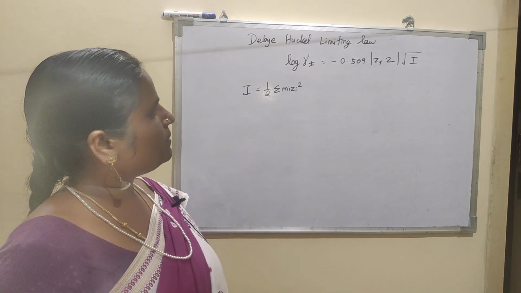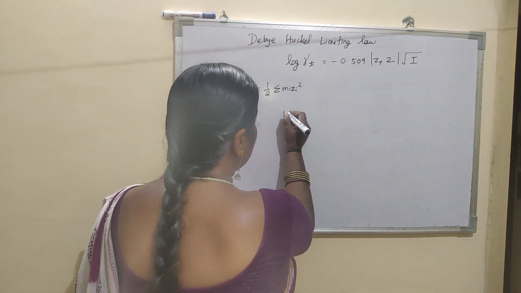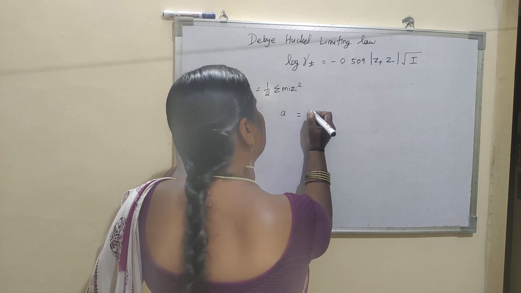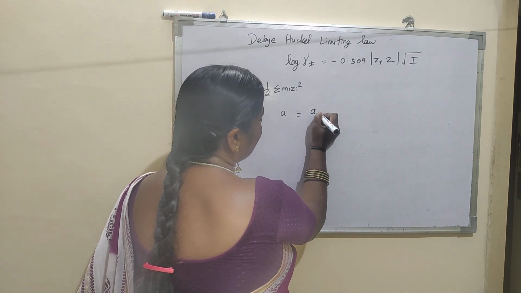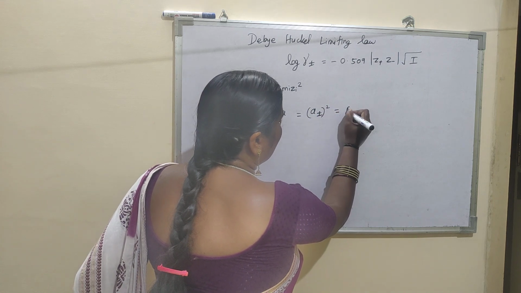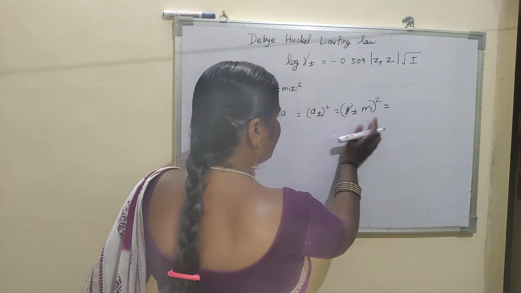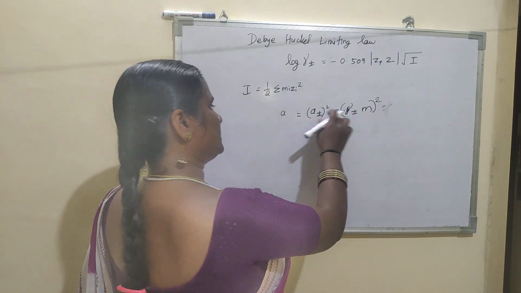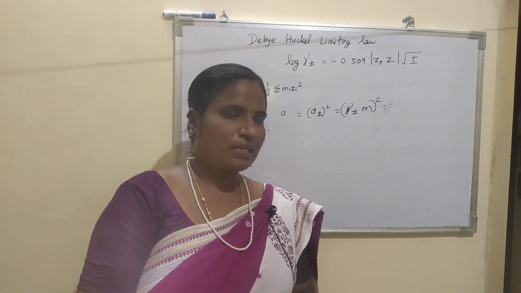Once I know the gamma plus or minus, I can put it in the activity equation. What is the activity equation? So for 1:1 electrolyte, A plus or minus whole square, so that will be gamma plus or minus m whole square. So I can substitute here, I can calculate the activity. So I just dealt with the 1:1 electrolyte.